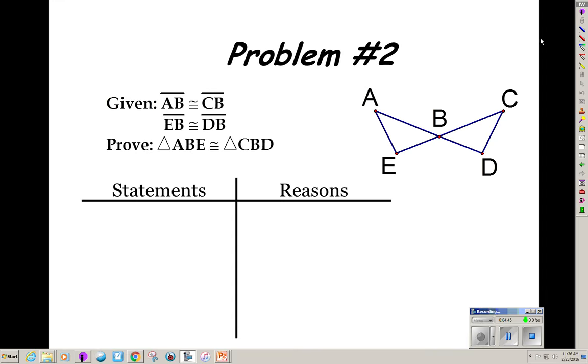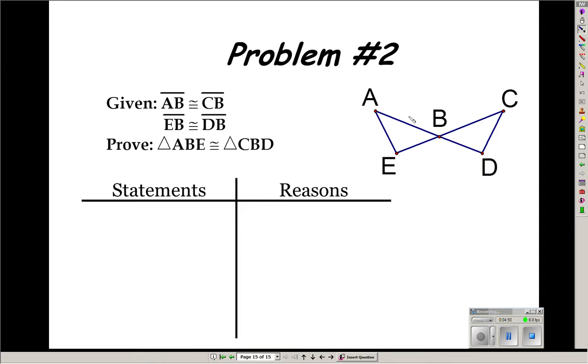Here's another one. Given that segment AB is congruent to segment CB, and segment EB is congruent to segment DB, prove that the triangles are congruent. Well, in the proof, go ahead and write out what you're given first.